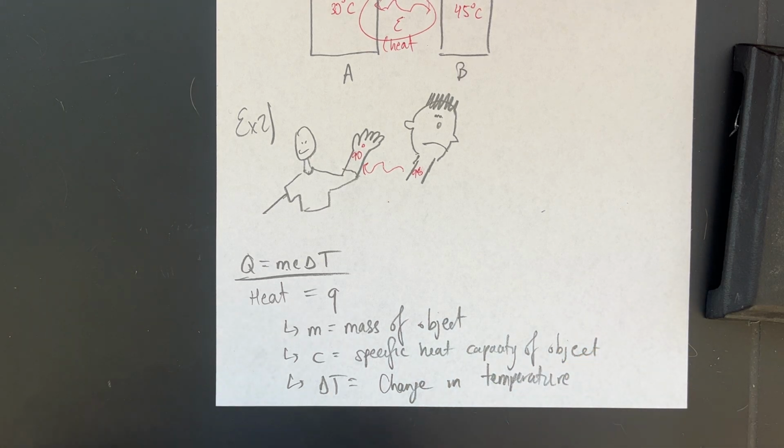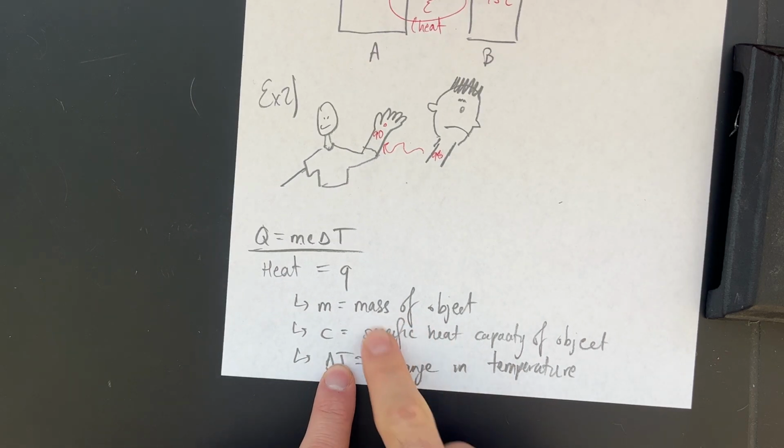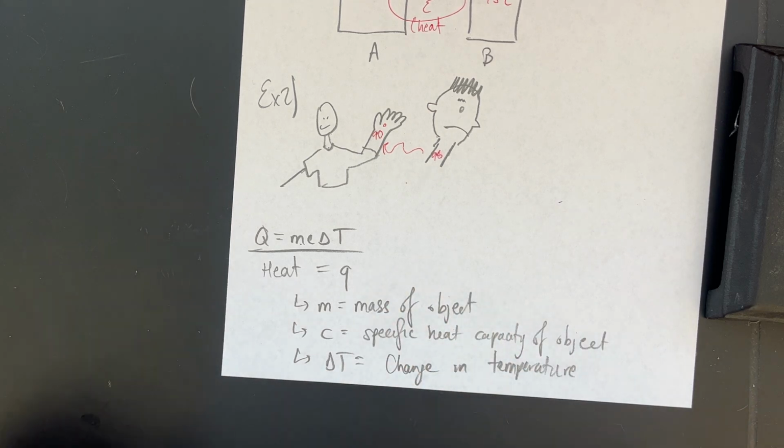And so what's happening here is if you have some sort of object which is transferring heat, either gaining or losing heat, we can actually calculate the amount of heat that it gains as a result of seeing how much its temperature changes and also factoring in its specific heat as well as the mass of that object.